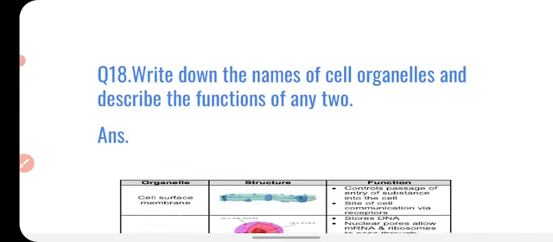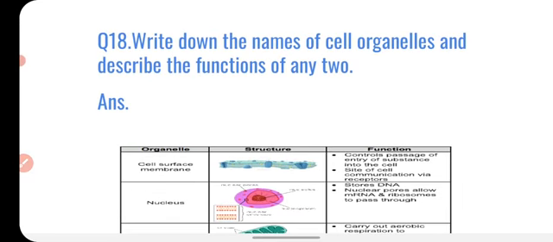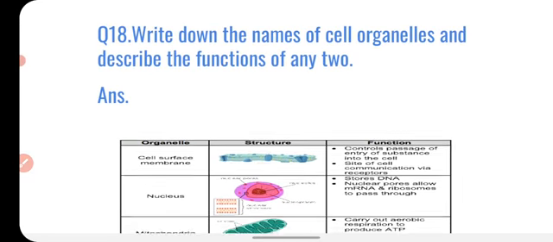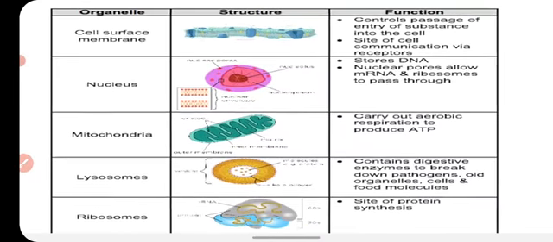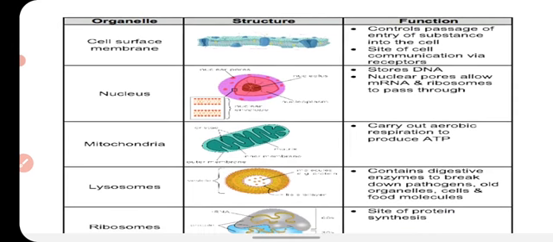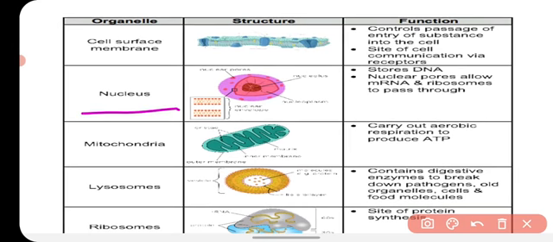Next question is, write down the names of the cell organelles and describe the function of any two. Here in this diagram you can see that nucleus is the cell organelle which stores DNA. Nuclear pores allow mRNA and ribosomes to pass through it.